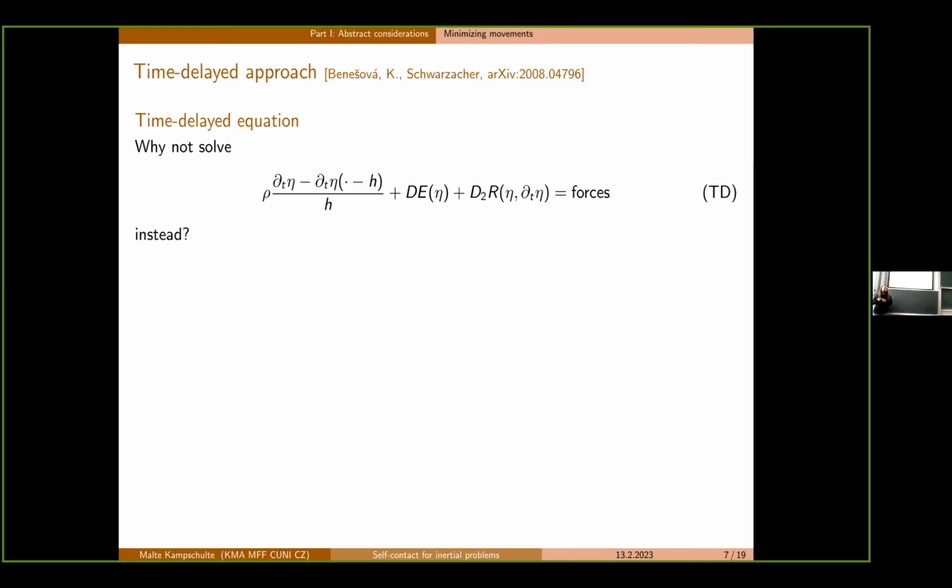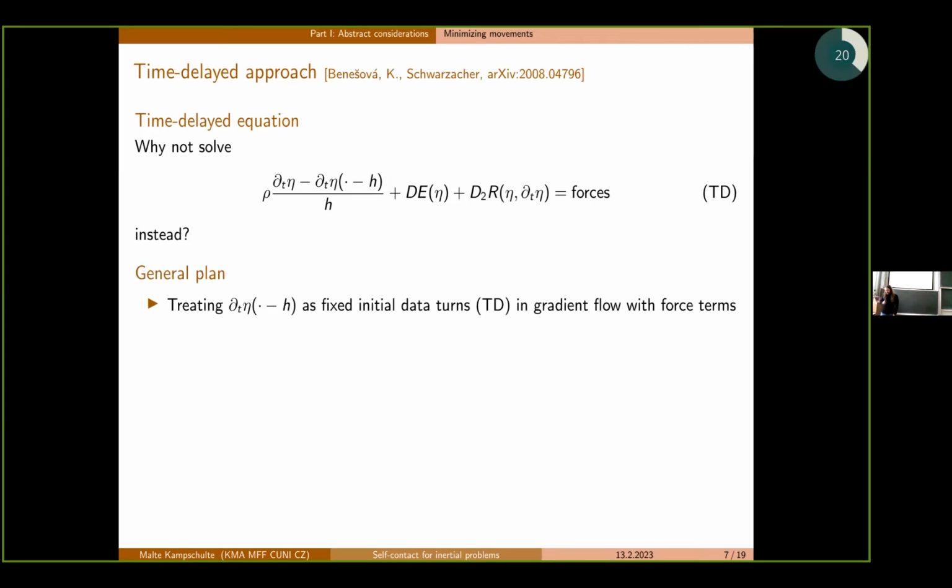But instead of the second time derivative for the deformation, we take the first time derivative and then a discretized derivative of it. And then the general plan is, again, weird, but it works.